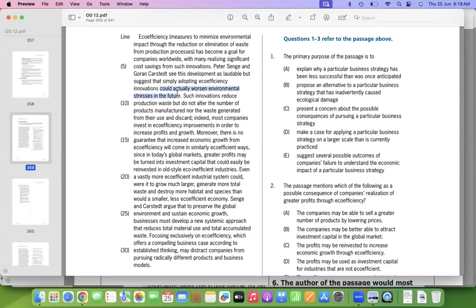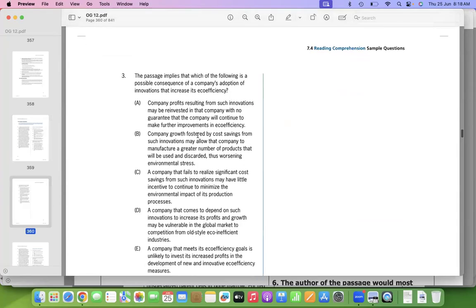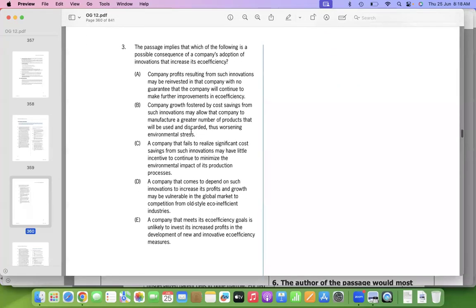Could actually worsen environmental stresses. How? Reduce production waste, but do not alter the number of products manufactured nor the waste generated from their use and discard. That's a word match with B. Worsening environmental stress, you got a word match. Manufacture a greater number of products for use and discard. So B is a clear word match.